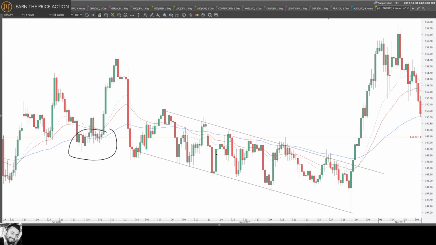So the market's kind of retesting that level. Even though it broke below it, it retested, went up, retested, gapped down, retested. Very good pin bar. This is exactly what happened.